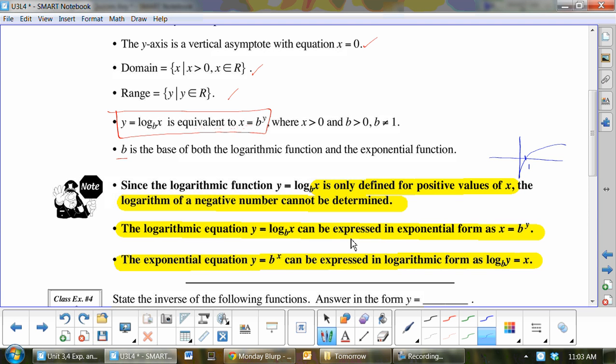You see the graph? Can't use negative 3. Can you use x equals 0? No, we can't even use x equals 0. So for this, x must be greater than 0. Okay? That's a really important thing. If you look at the graph, that should make sense.